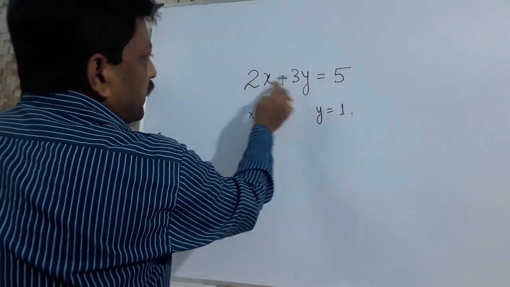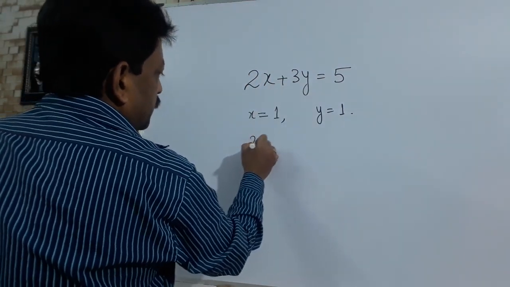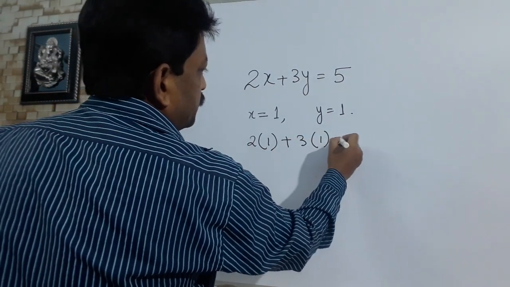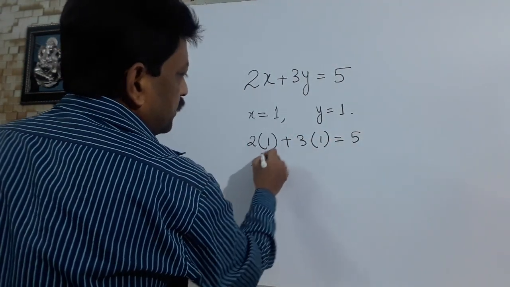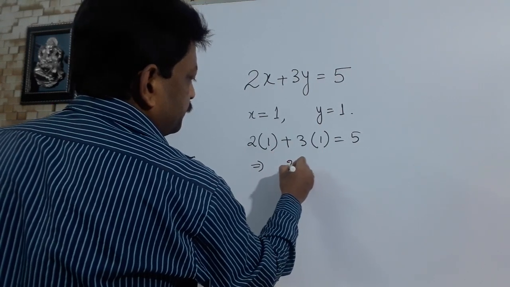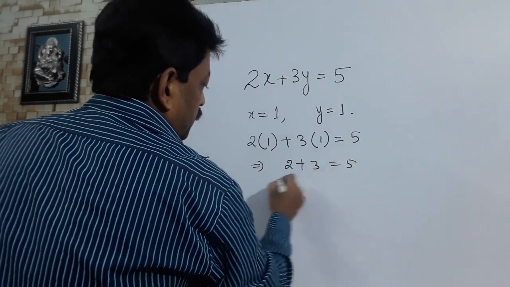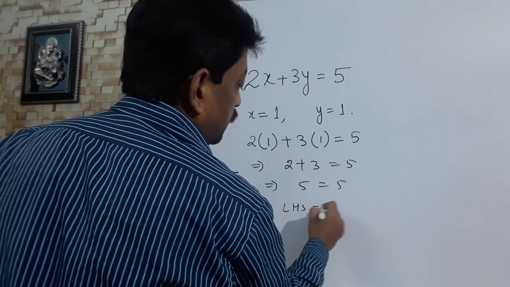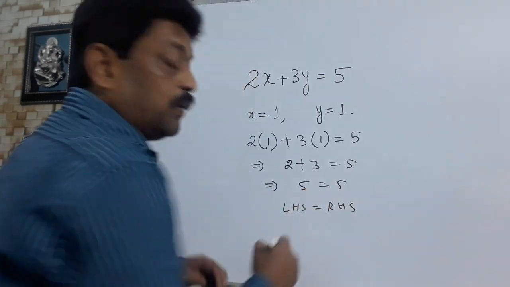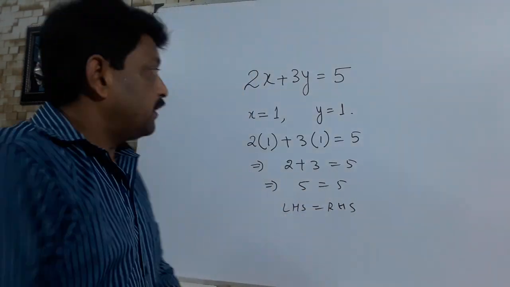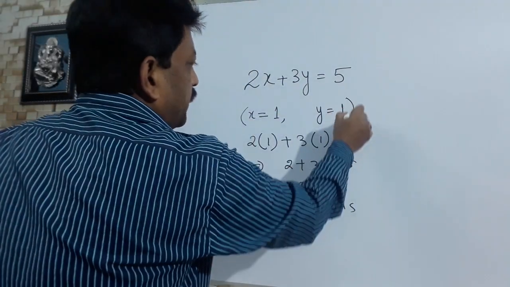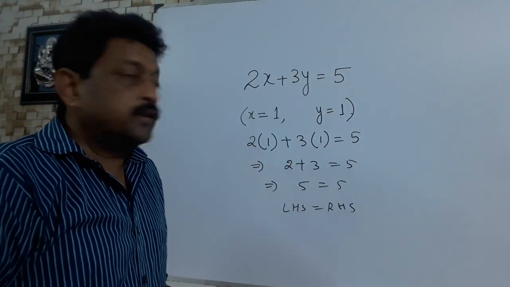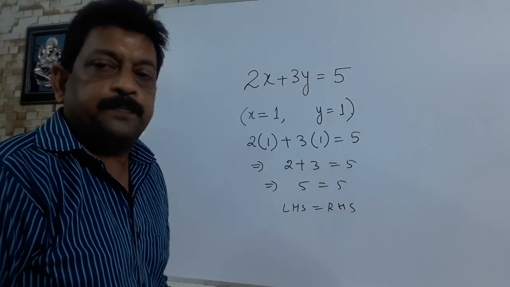If we replace these values of x and y in the equation, then it will become 2 into 1 plus 3 into 1 is equals to 5, which implies 2 plus 3 is 5. That is LHS equals to RHS. What does this mean? This means that x equals to 1 and y equals to 1 is the solution of the linear equation 2x plus 3y equals to 5.